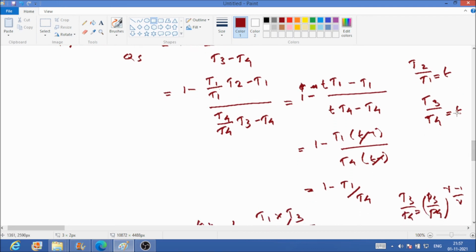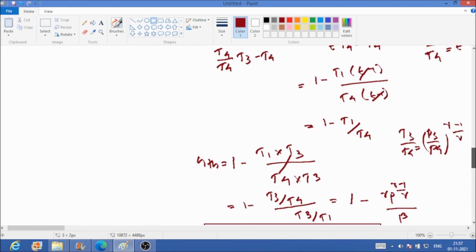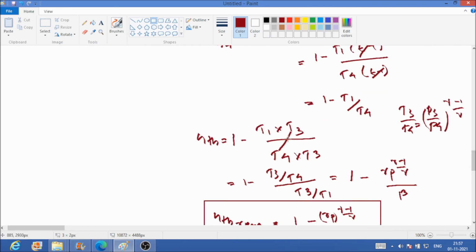Now this is the same because we know T2 by T1 is equal to T3 by T4. Again I multiply this term with T3, and here also in the numerator I multiply with T3. Now T3 by T4 I have written here, and I have taken this T1 to the numerator of this T3, so T3 by T1.